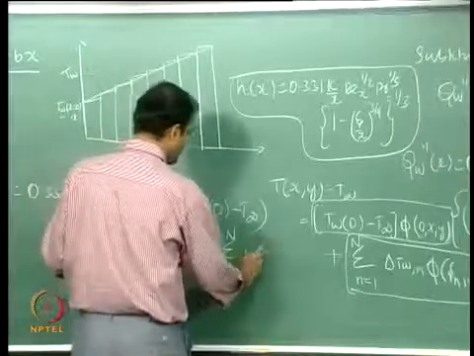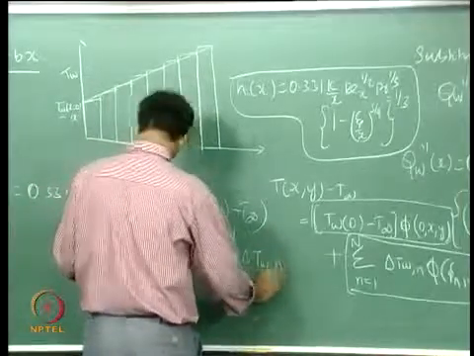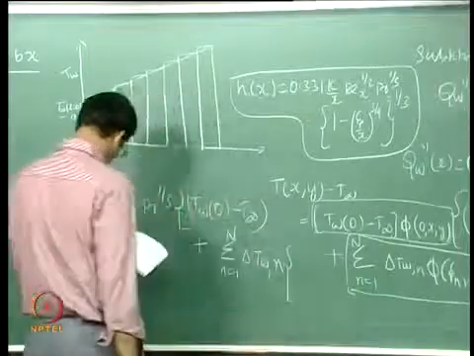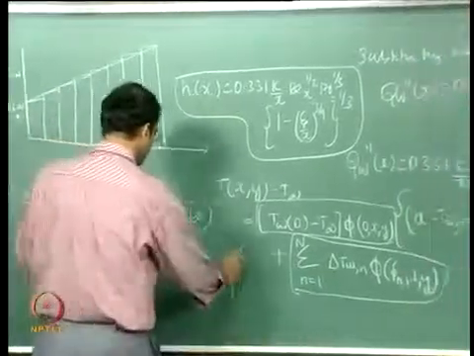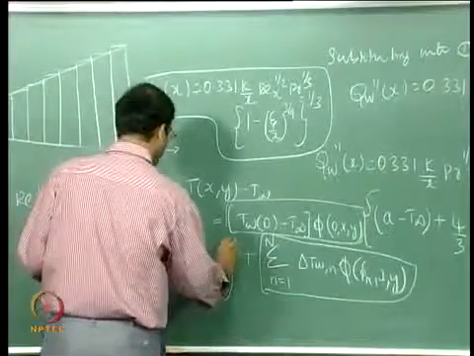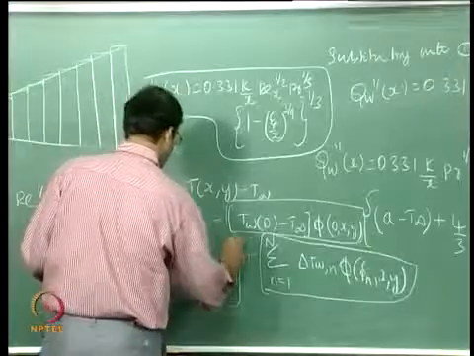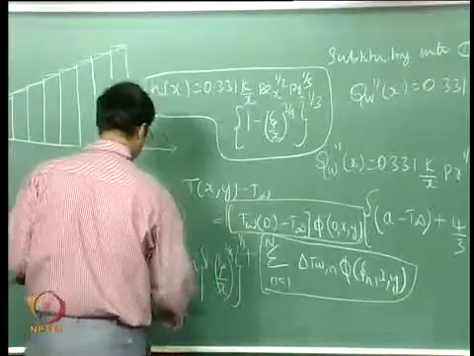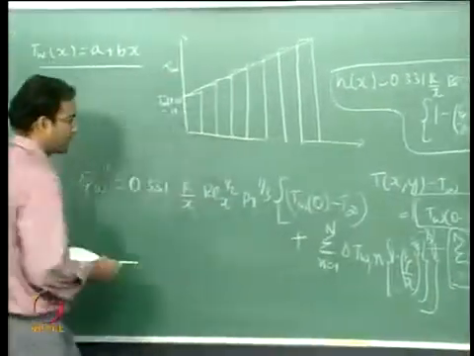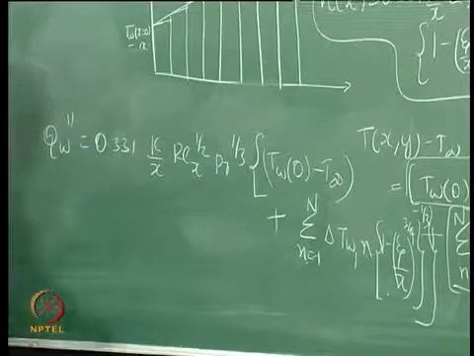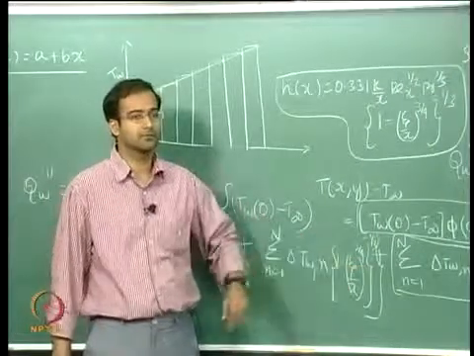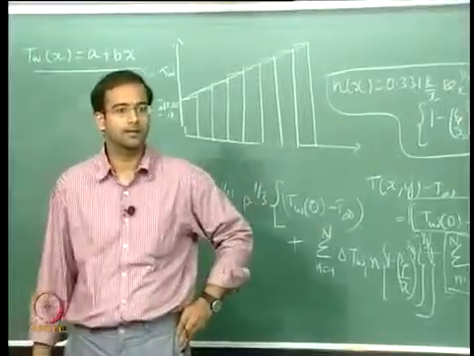You have delta T wall n into 1 minus zeta by x the whole power 3 by 4, whole power minus 1 by 3. So this is what you will have if you have a discrete variation. If you had a continuous variation, you will replace this by an integral over d zeta.